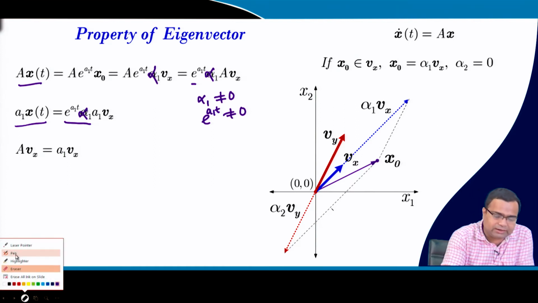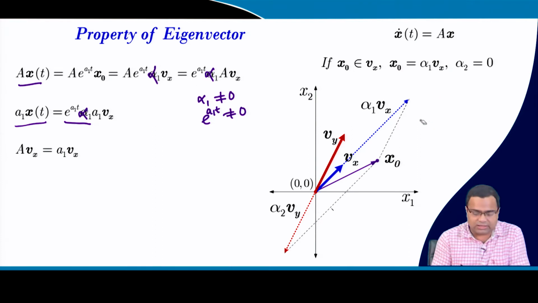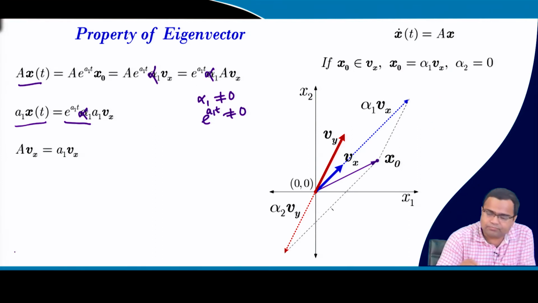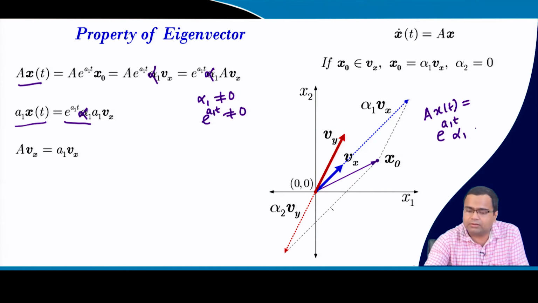So, what is our a of xt? A of xt is nothing but e to the power a1 t alpha 1 into a vx.